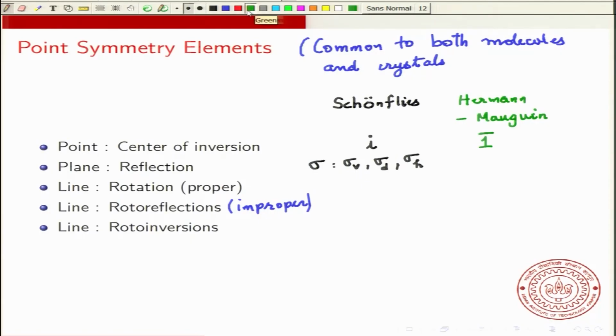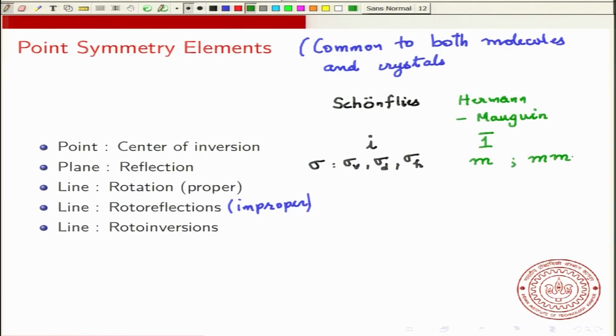Reflections in the Hermann Mauguin notation are simply shown by the letter M. M stands for a mirror. If there are multiple mirror planes in a crystal, then you can use MM or MMM and so on, multiple M's for multiple mirror reflection symmetries.